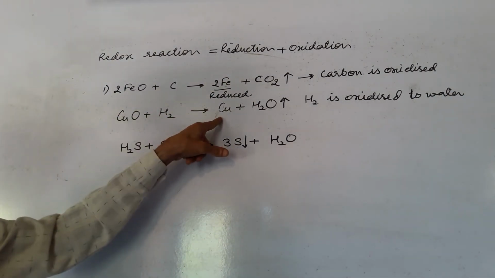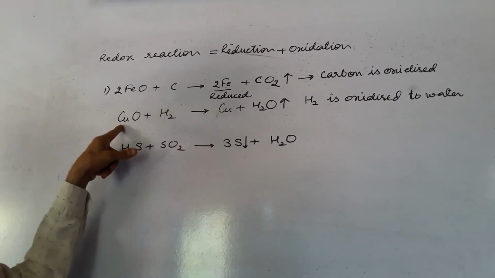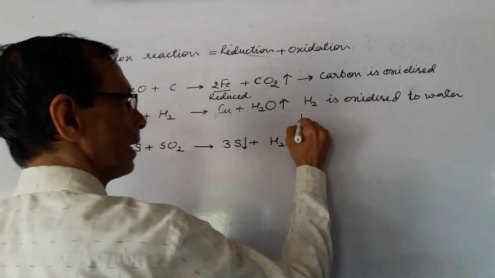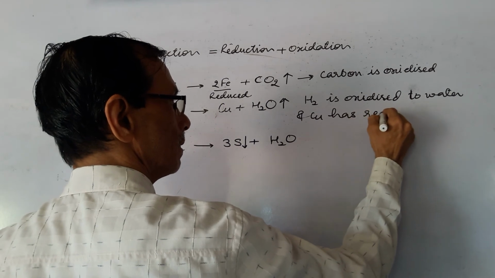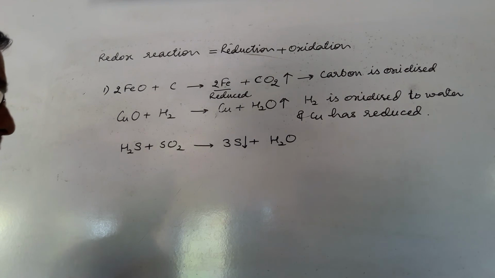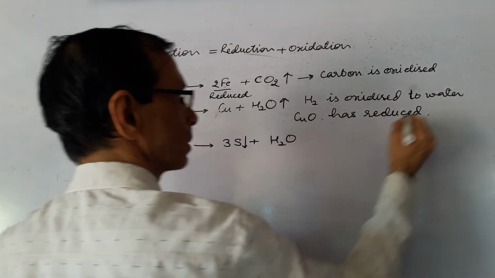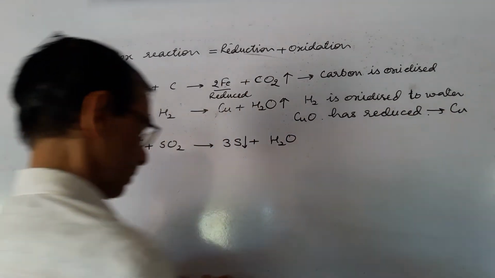Copper is reduced. Copper has lost oxygen, and losing oxygen is called reduction. So copper oxide has been reduced to copper.